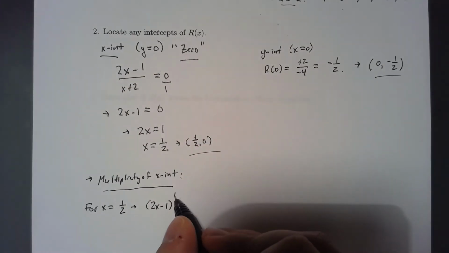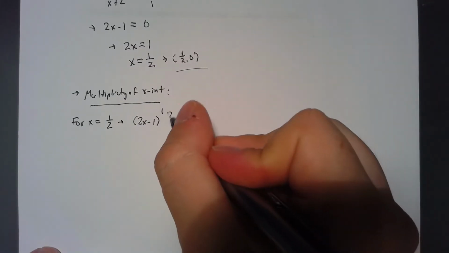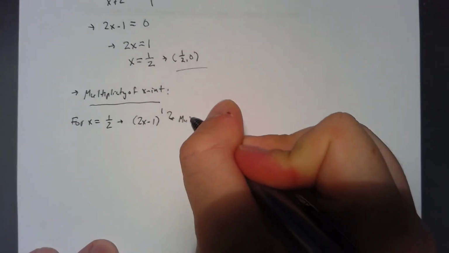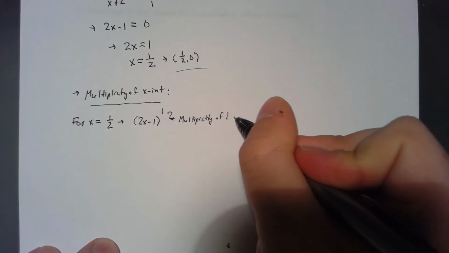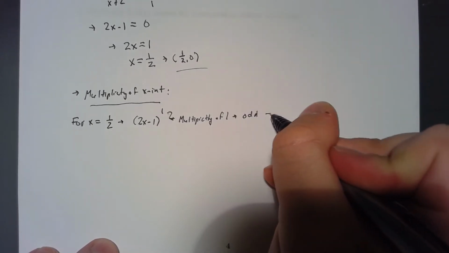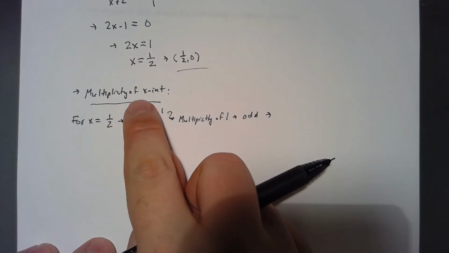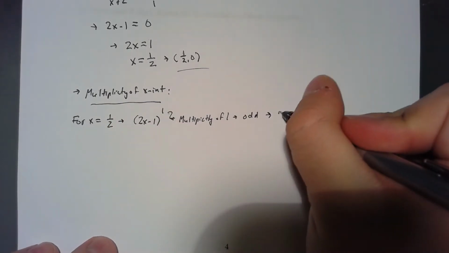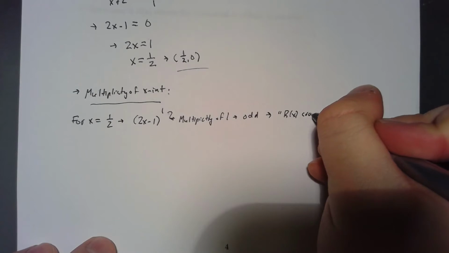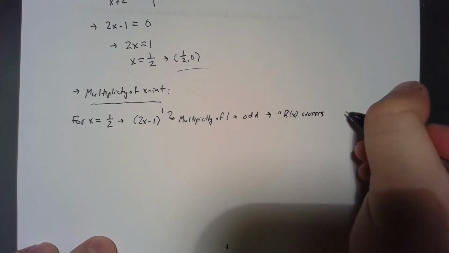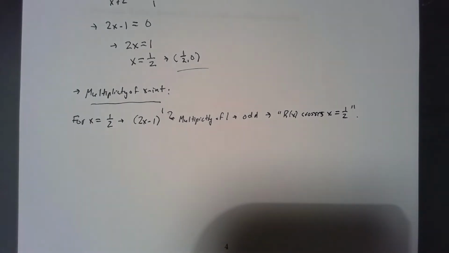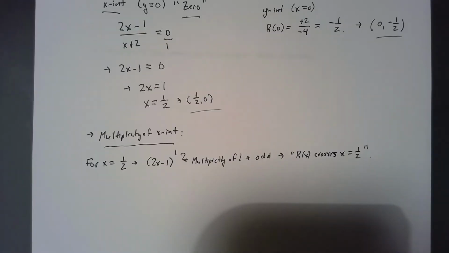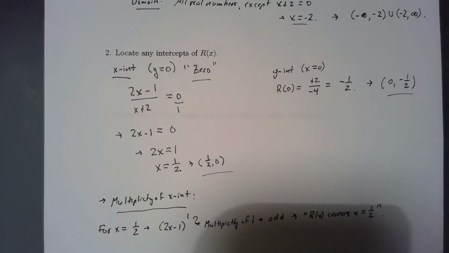That's to the first power, right? Since that is a multiplicity of 1, which is odd, that means my function is going to do what at the x-intercept? Crosses. X equals 1/2. Okay. That was the only x-intercept I had to worry about, so.